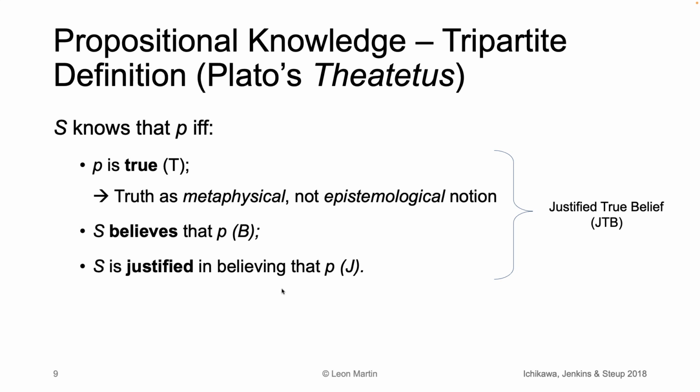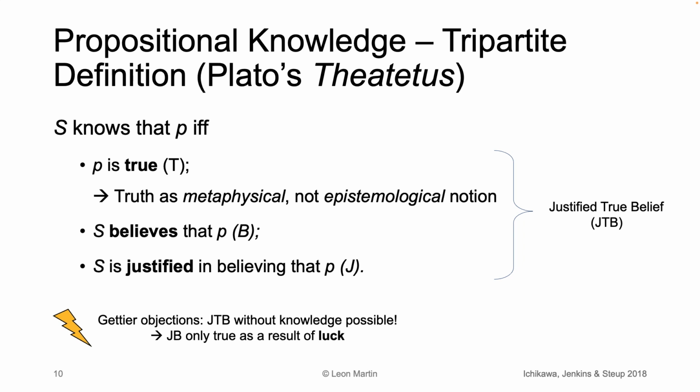S knows that P if and only if P is true, so there's a direct necessary truth condition, and truth is a metaphysical, not an epistemological notion. Truth is a matter of how things are, not how they can be shown to be. So we say that only true things can be known. We're not yet saying anything about how anyone can access the truth.